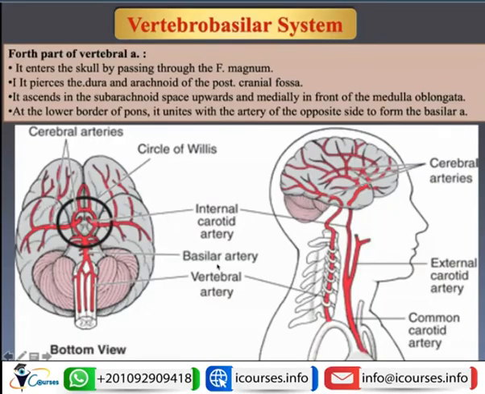So what are the branches of the basilar artery?